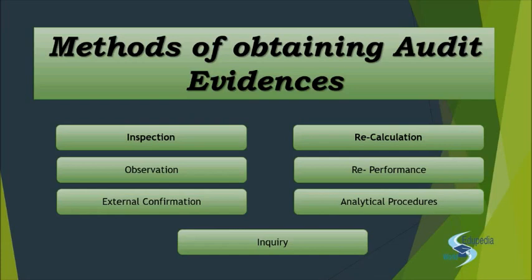So a responsive inquiry may provide the auditor with information which was not previously possessed by the auditor. You go in and ask him, so what is the attrition ratio for your employees? He says it's 15%. Huh? But the data that I have shows 12%. No, we have 15%. And then again you go back and recalculate the data and you say okay, this was something that was missing, I didn't get the complete data.